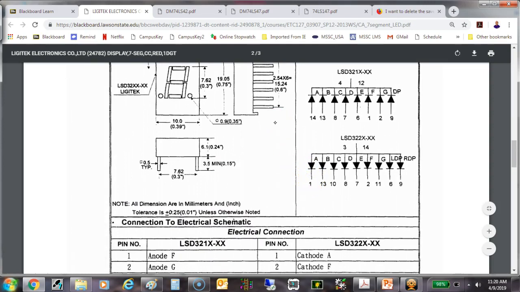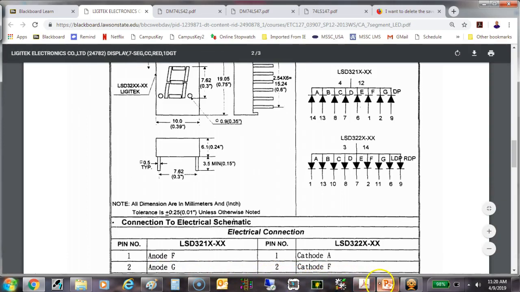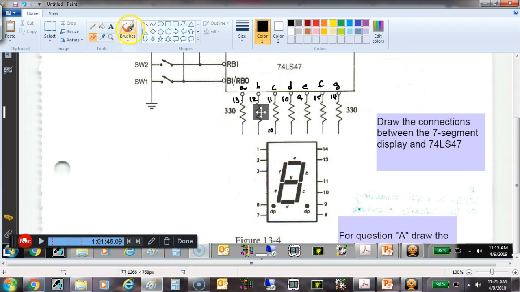So what I would do is I would come over here at the bottom of my display, and right here I would write a 1, which means that connects to this pin, instead of drawing it, because it would be a lot easier to do this than to come around and try to draw wires. They would disconnect. So what I want you to do now is go ahead and each one of these segments, I want you to connect them to the correct pin back here on the 7-segment display.